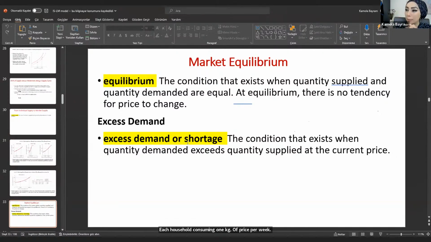It means I need to produce 100 kg of rice to reach the market equilibrium. So if the producer is producing 100 kg of rice, and there is a demand also of 100 kg of rice per week, then I'm at market equilibrium. So what will happen if suddenly the production, depending on some other conditions, drops to 50 kg of rice per week?